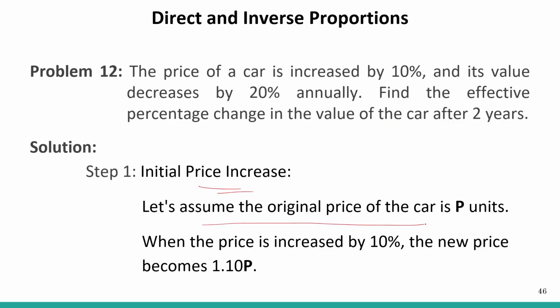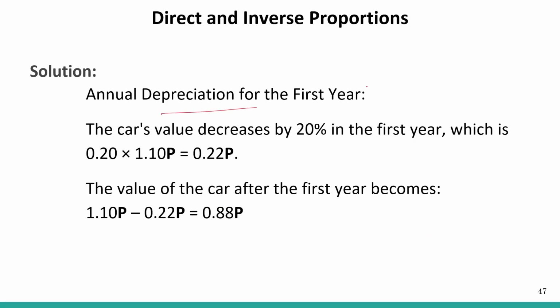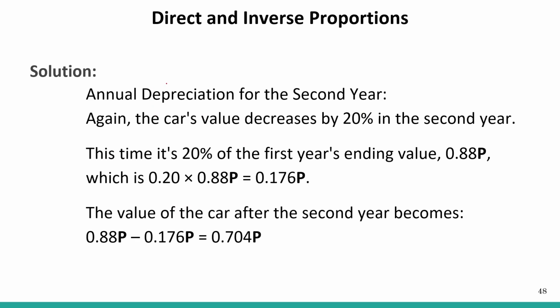So let's assume the original price to be P units. The increased price is 1.10P after the hike. The annual depreciation for the first year will be 20%. So 20% of 1.10P is equal to 0.22P. The value of the car after the first year becomes 0.88P. If the customer wants to sell the car, he will be getting this much back.